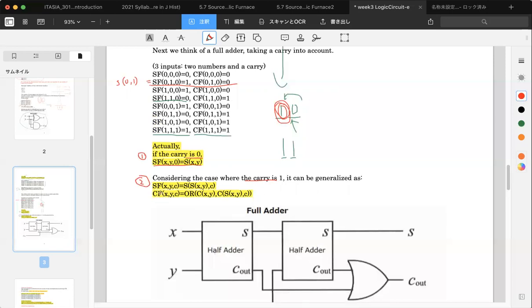When the carry is 1, SF(X,Y,C) equals S(S(X,Y),C), and CF(X,Y,C) equals OR(C(X,Y), C(S(X,Y),C)).